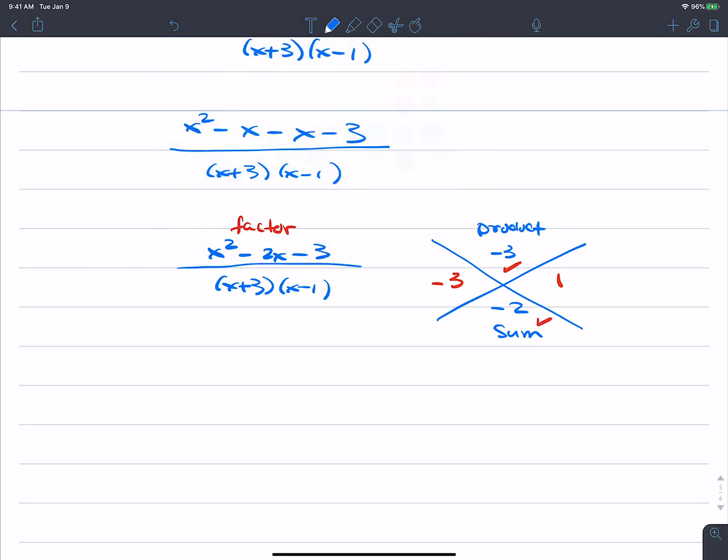So my numerator, when factored, becomes x minus 3, x plus 1. We use those values here and here. Don't forget that this is over x plus 3 and x minus 1.